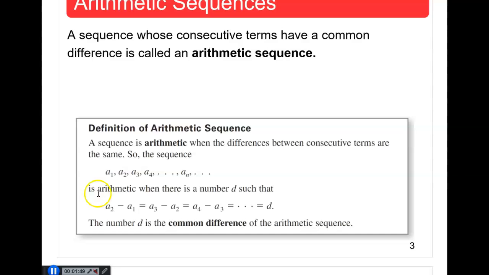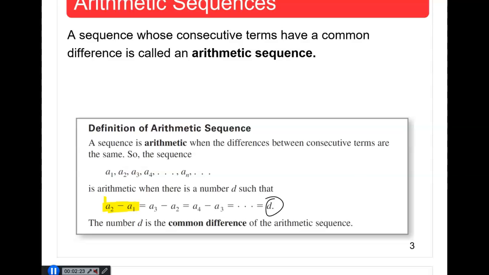Now, what we just went over is an arithmetic sequence when there is a number d such that if you take two consecutive terms, as you can see with a sub 2 and a sub 1, the difference of those two will be equal to d. Here we have the equal sign repeating, so it's telling us that every single difference is the same.